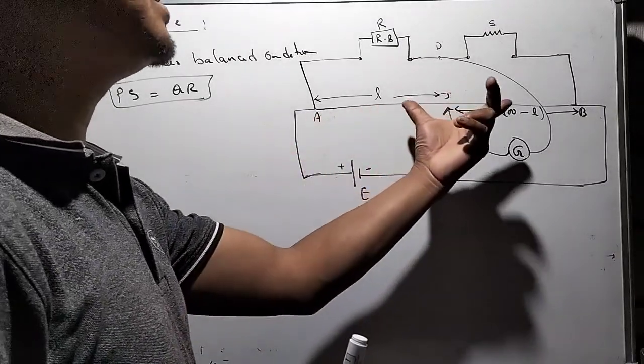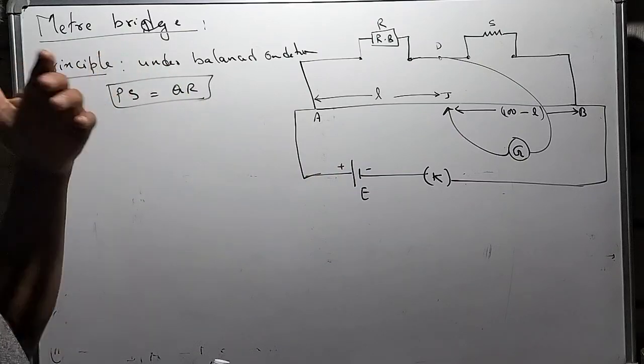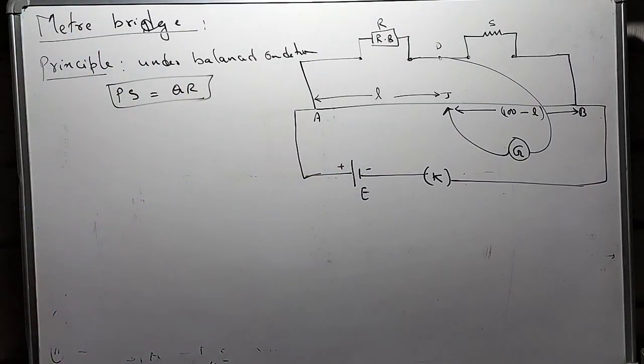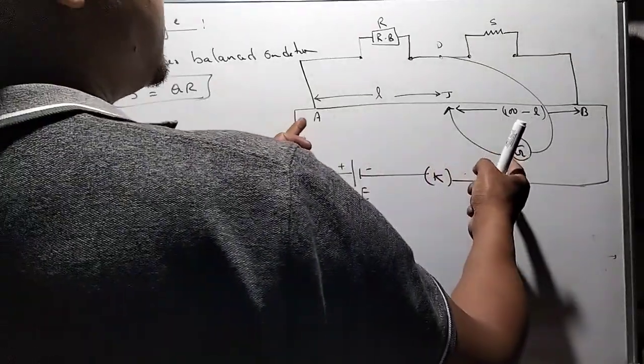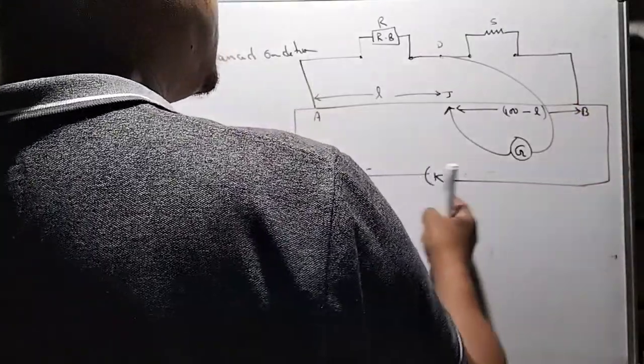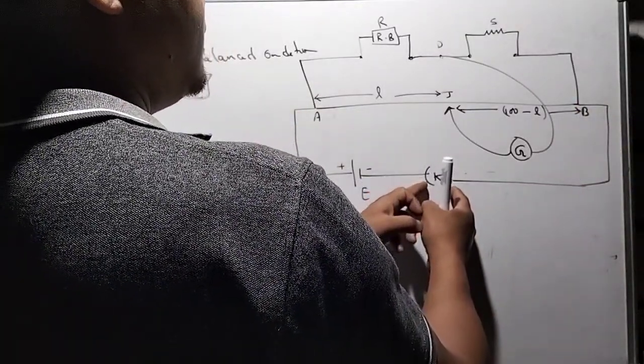Because the length of this wire is 1 meter, this bridge is also sometimes known as meter bridge. Now, the two ends of the bridge, point A and point B, are connected to a cell of EMF E and a key K.